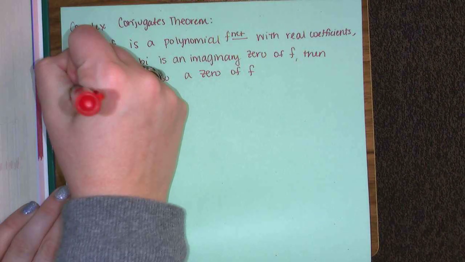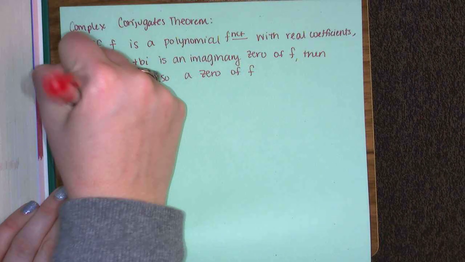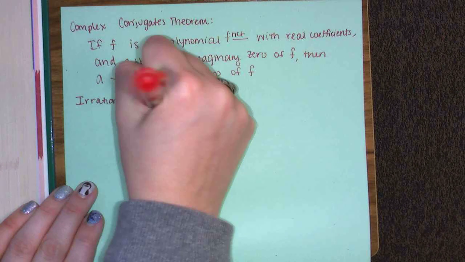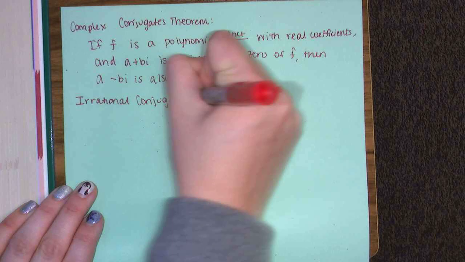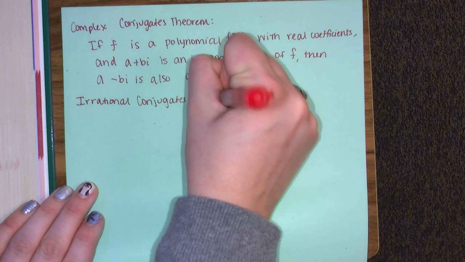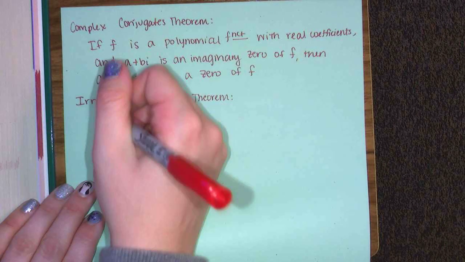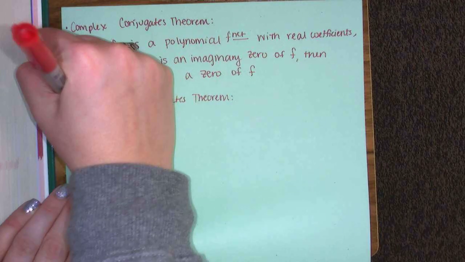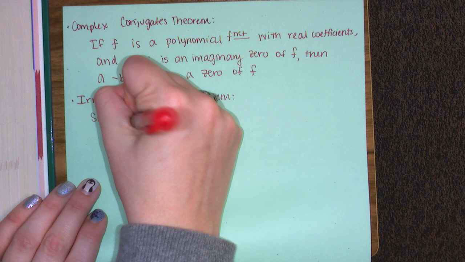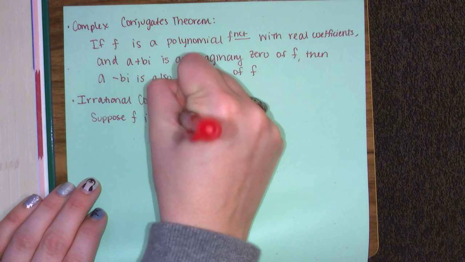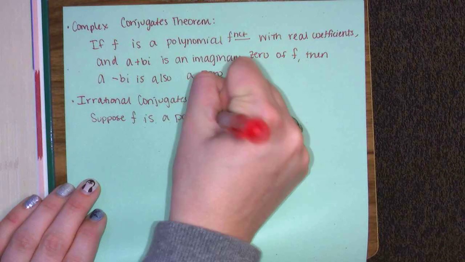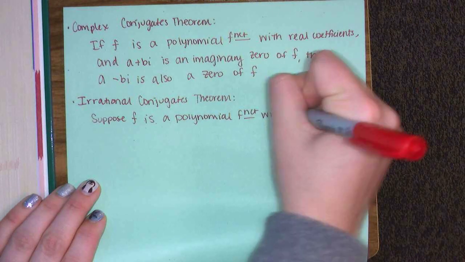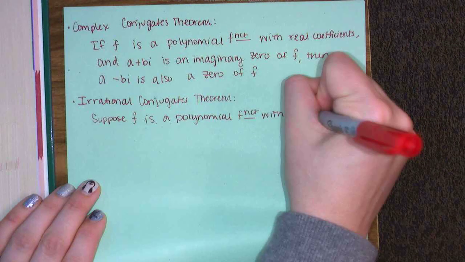Alright, then we've got the irrational conjugates theorem. Suppose f is a polynomial function with rational coefficients.